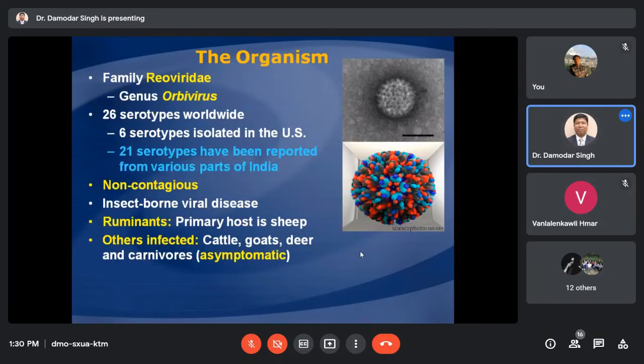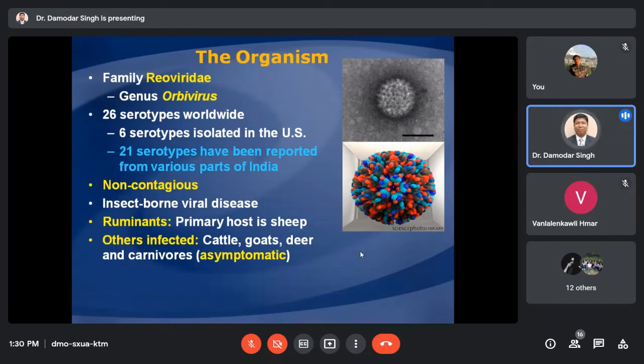Okay, so it is caused by the virus orbivirus of the family Reoviridae, having 26 serotypes worldwide. Out of these, 6 serotypes were isolated in the United States of America, whereas 21 serotypes have been reported from various parts of India.